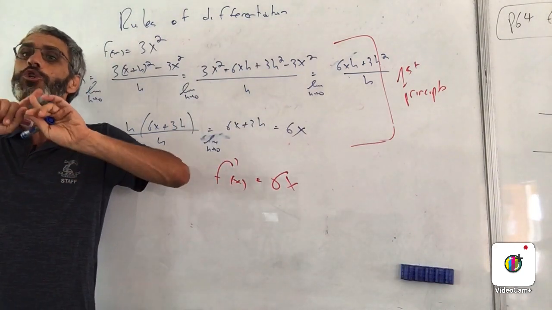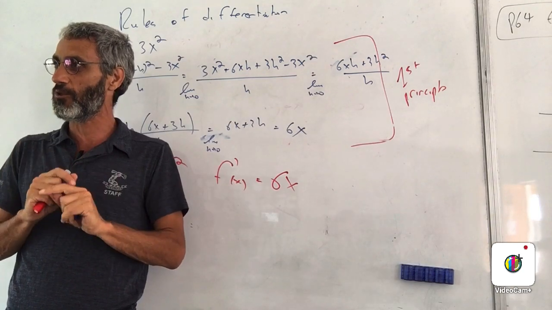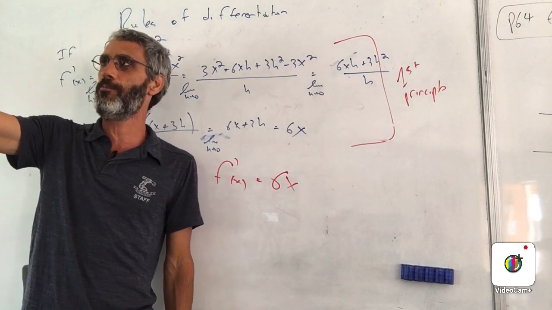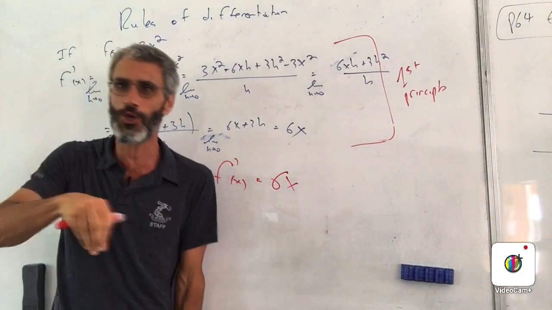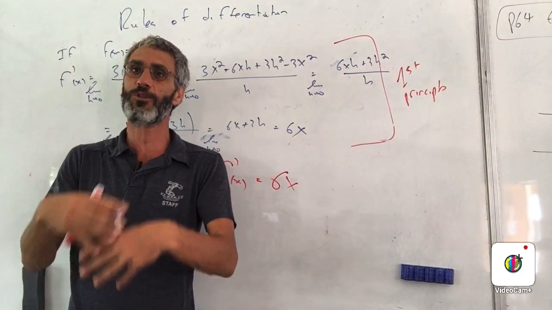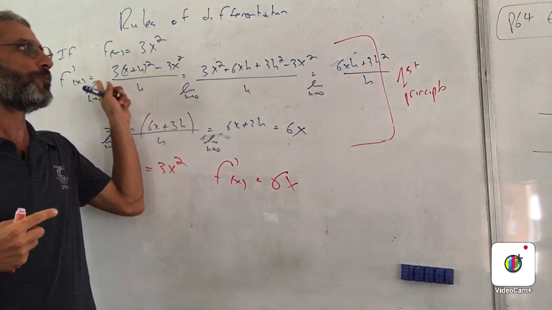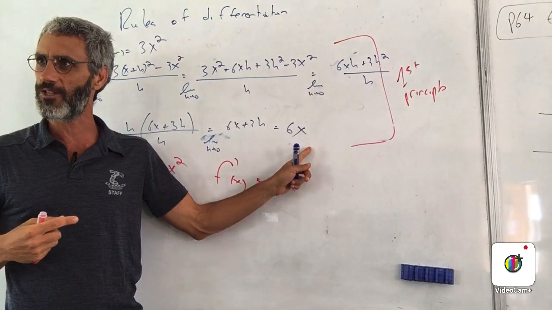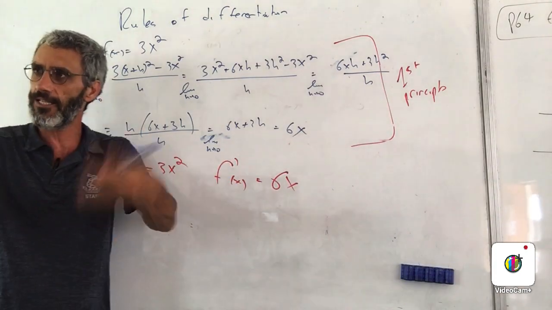But if you are not asked to use first principle, and you'll have at least 4 places where I'm going to ask you to calculate the gradient, I'm not going to tell you don't use first principle, I'm just going to say nothing. So if you're not asked to use first principle, you are going to be mad if you use that method. All you've got to do is just do the method that I've showed you here, and I still need to expand on it.